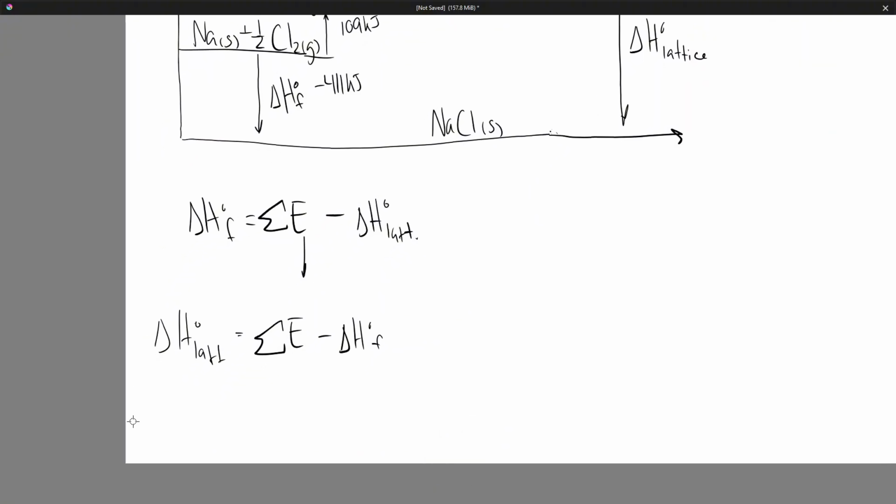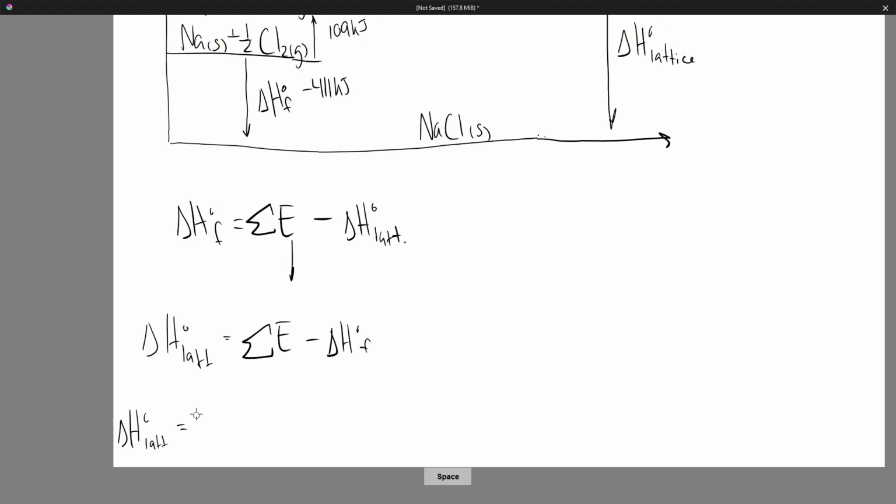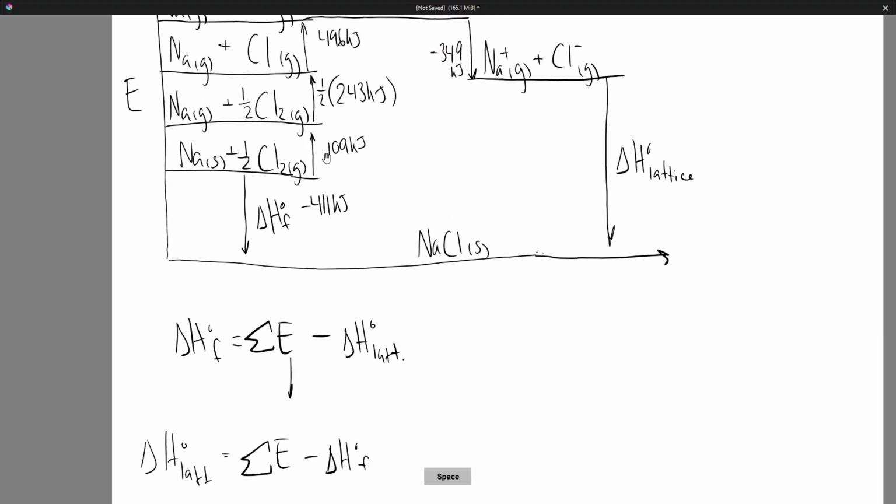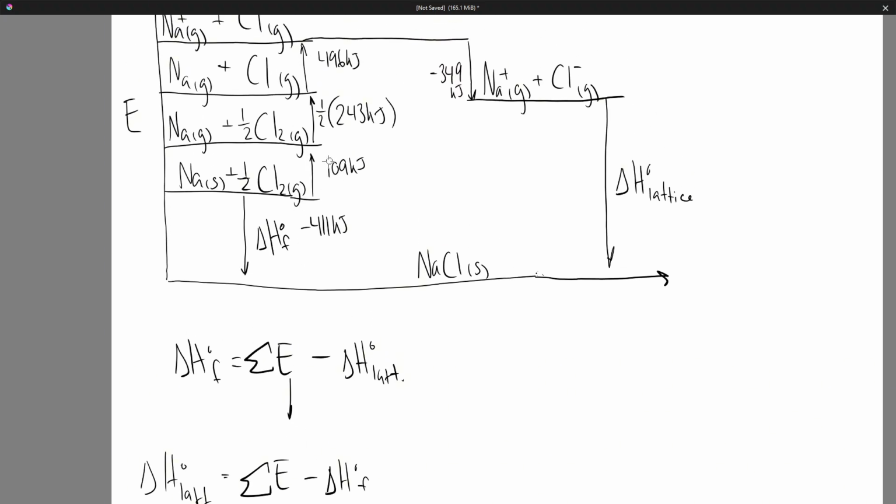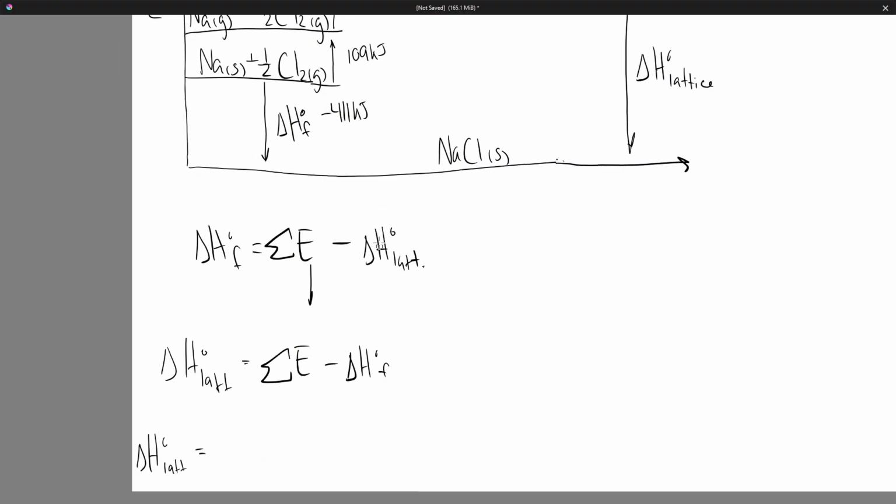So now we want to go through and add up all those energies. You first start off with this first energy, not this, since this is the heat of formation. You'll save that for last.